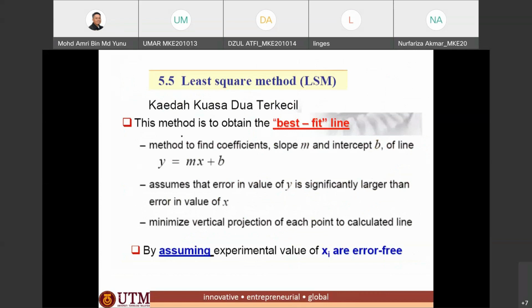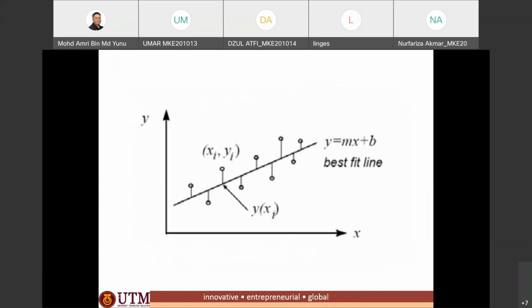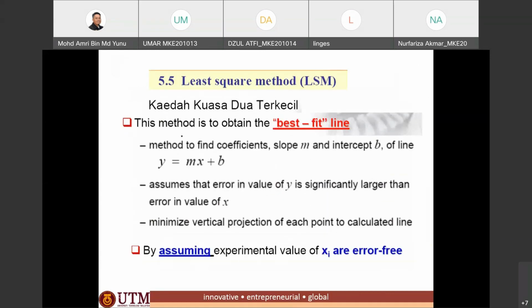And this least square method is basically a method used to determine the best fit for our linear equation.